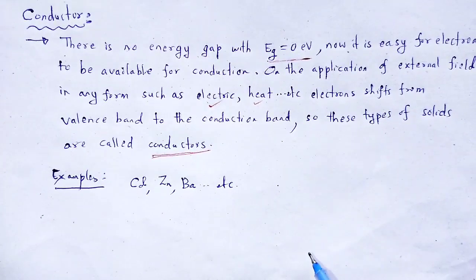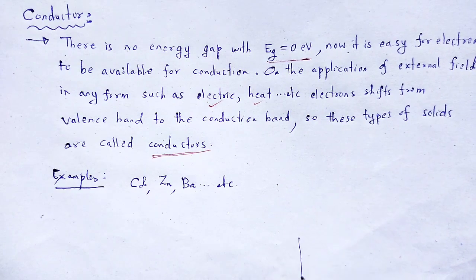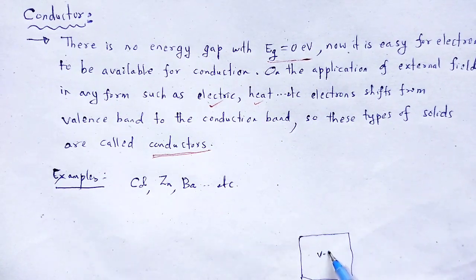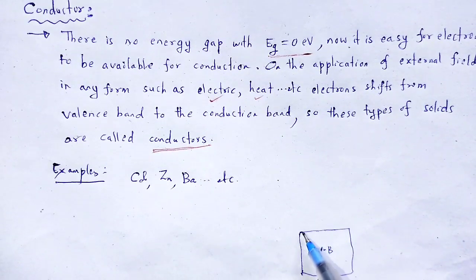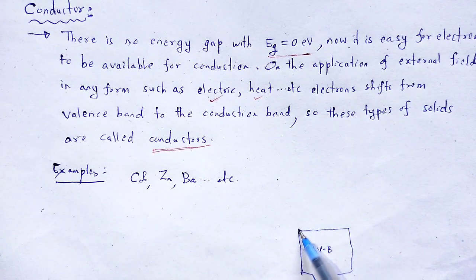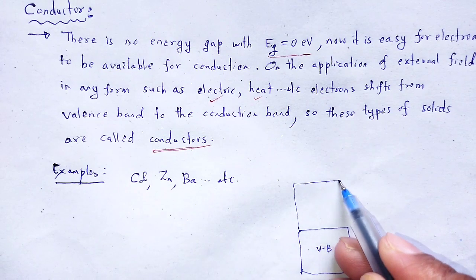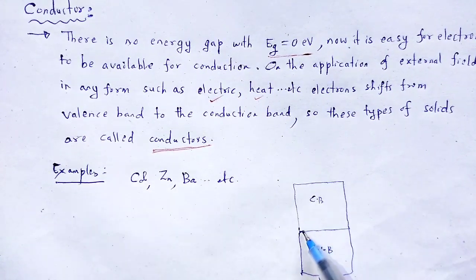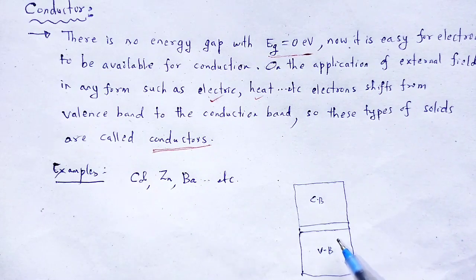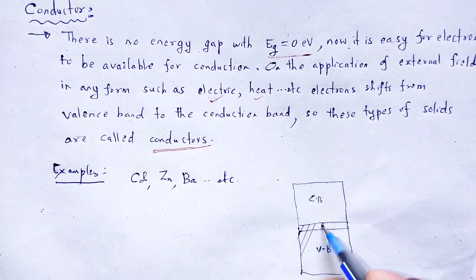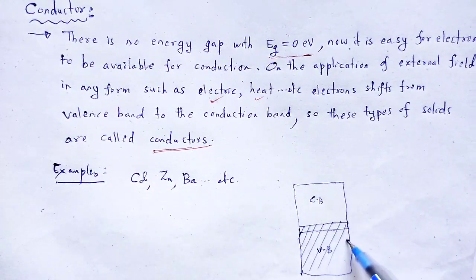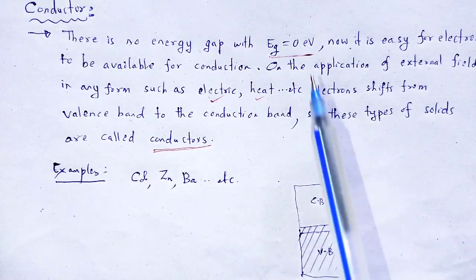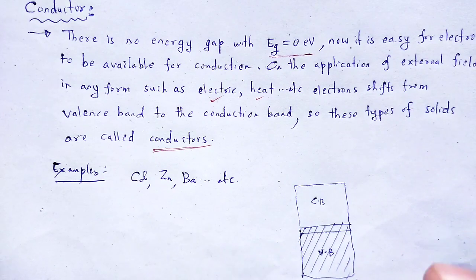In case of a conductor, that will be the valency band, and here is the conduction band. These two bands are overlapped with each other. Therefore, Eg is equal to 0 electron volt.